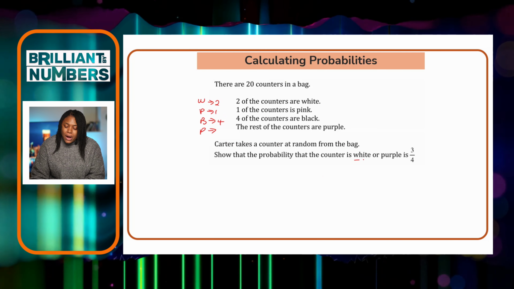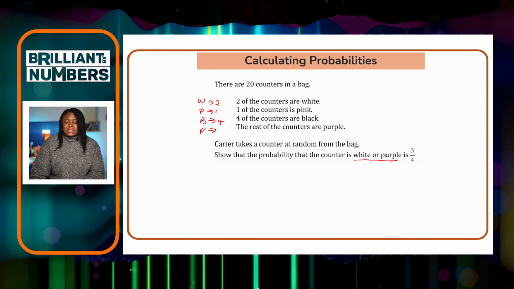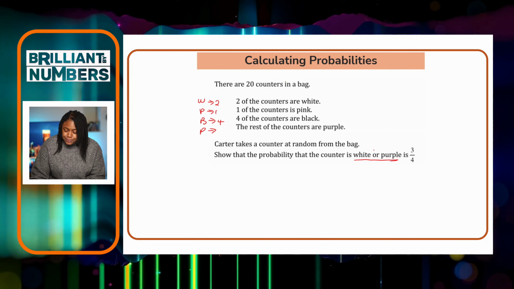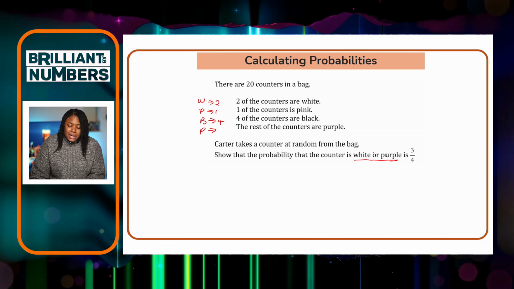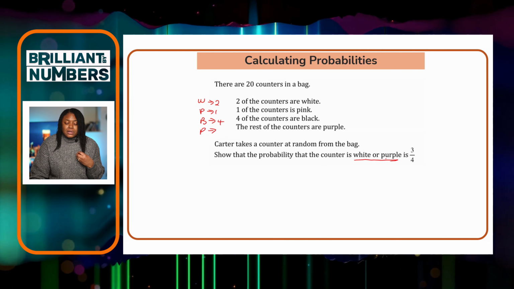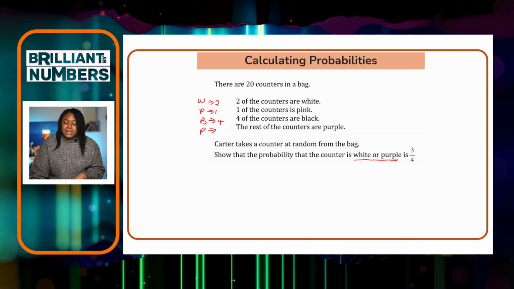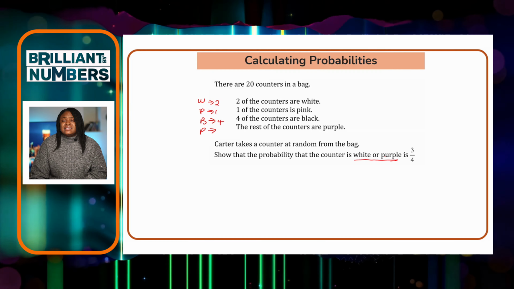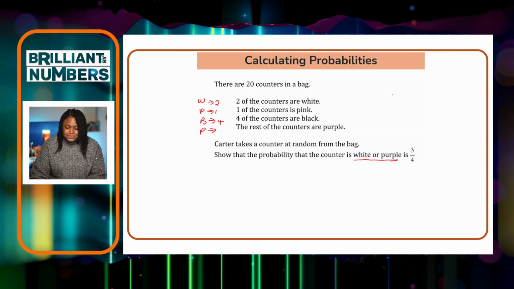So white or purple, or in probability, means that we are adding them together. So first of all, since we do not know how many purple, we've got to work out how many purple, and then we'll be able to add white and purple and see that we get 3/4.